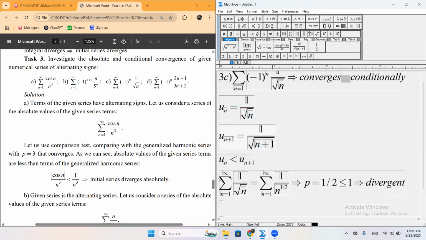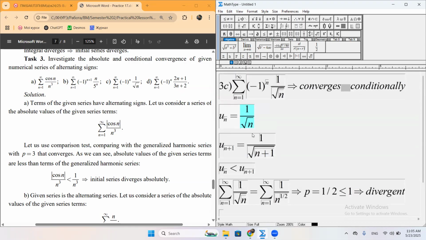But if you start investigating the modules and you see that it is divergent, you need to check if the sequence of members is decreasing. So there are two approaches.